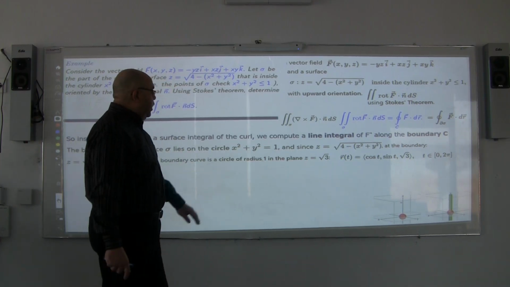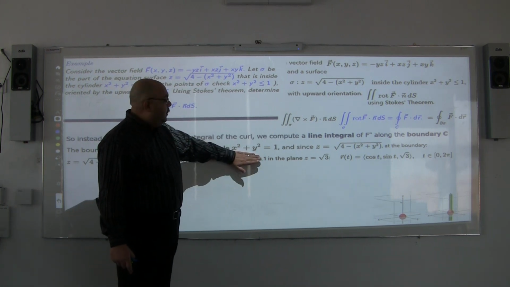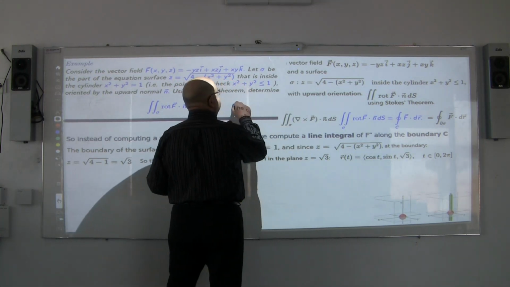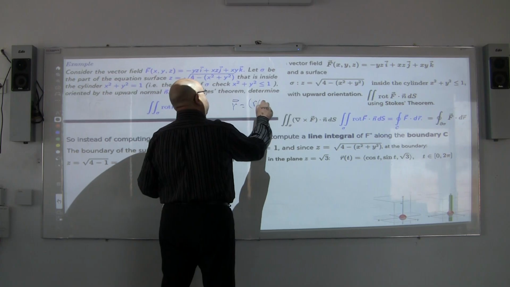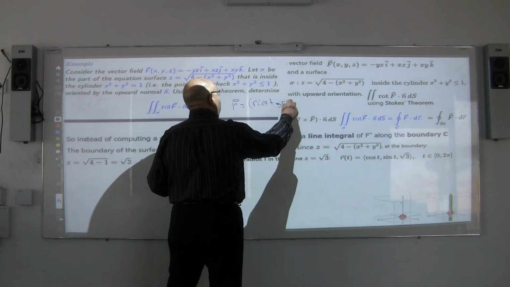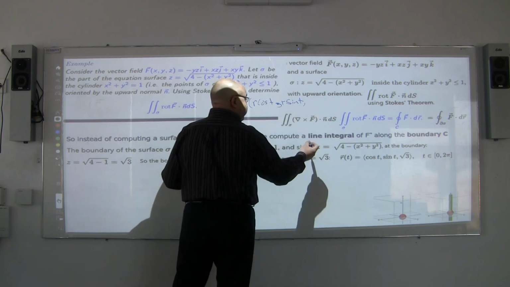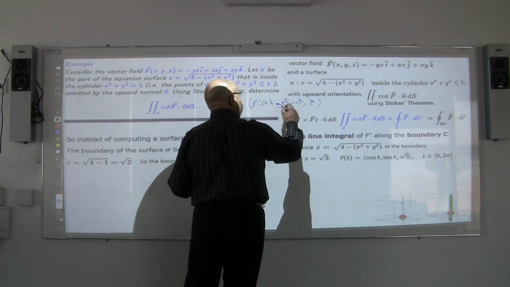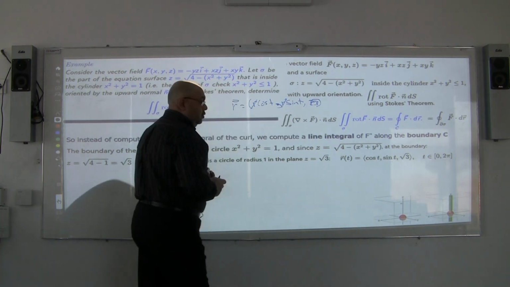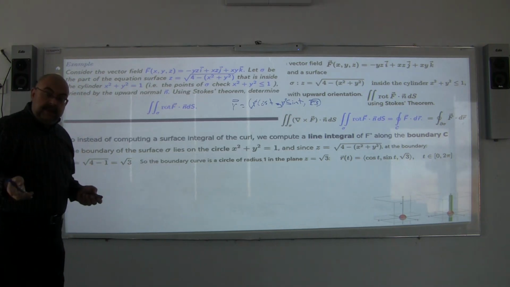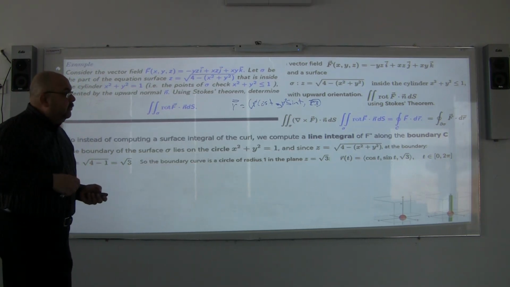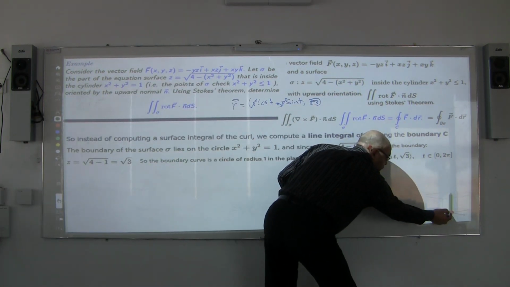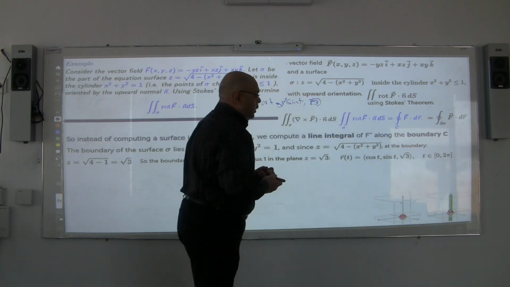But here I'm talking about a unit circle, where r equals 1. So the vector r is cosine t, sine t, and the z component is root 3. Of course, we are integrating over the whole circle, so we are integrating from 0 up to 2 pi. And that's the circle that we are talking about, if you can see this one.